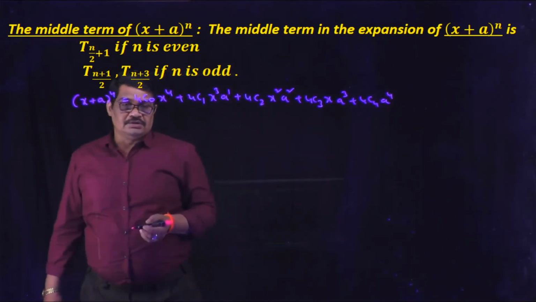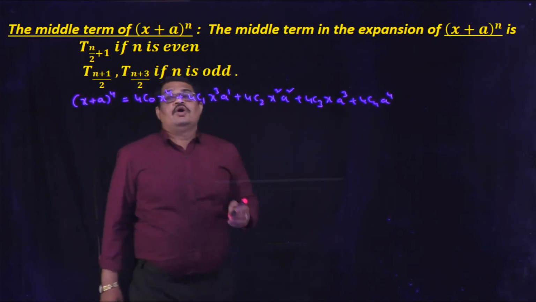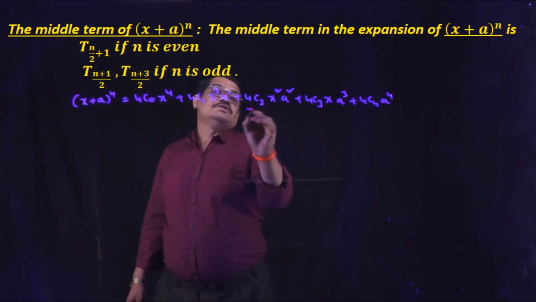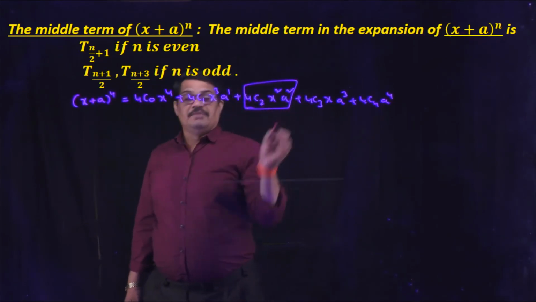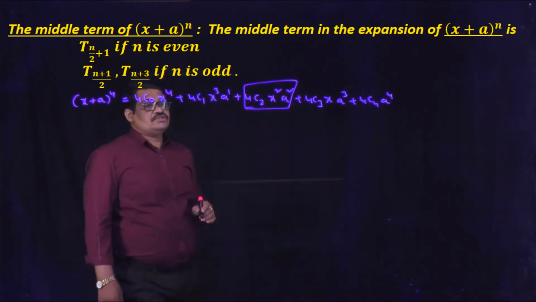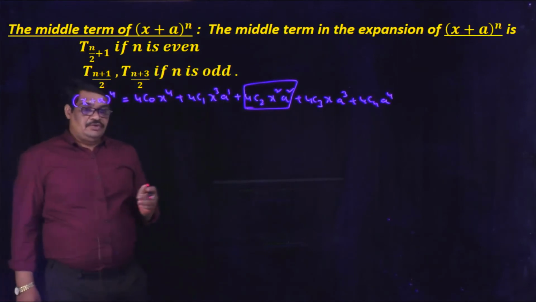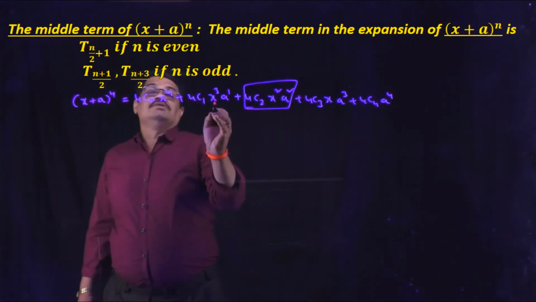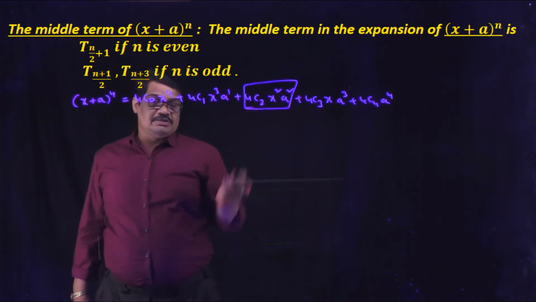So in that there are how many terms? 5 terms. So the middle term is this one, that is 4C2 x square into a square. The third term is the middle term.